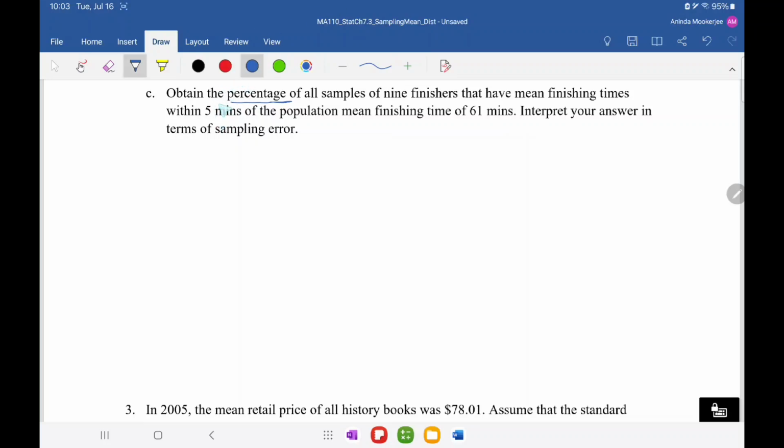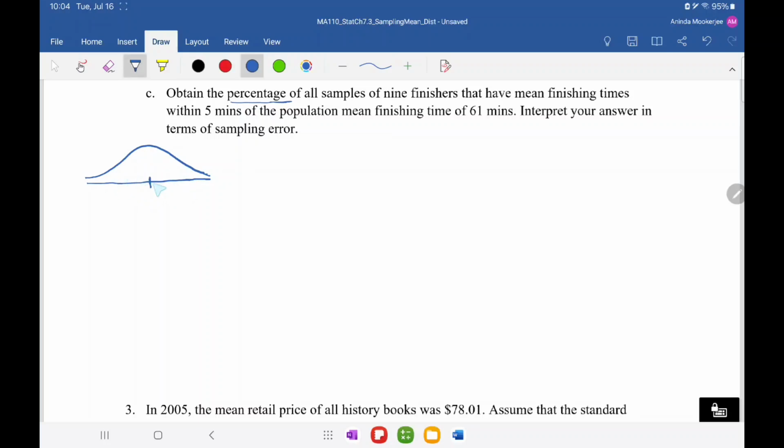So I'm going to start with drawing a curve. Remember, we always said start with a diagram. That will lead you on to answering the question. Let's try to picture what they're asking here. We have our normal curve, and the mean is always located at the center point of the bell curve.